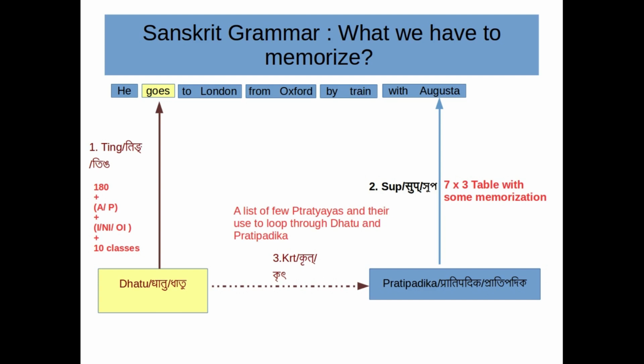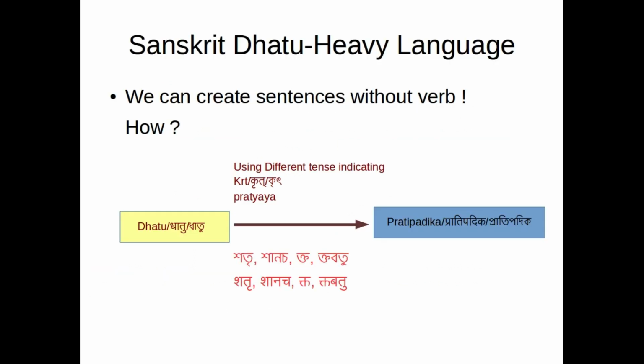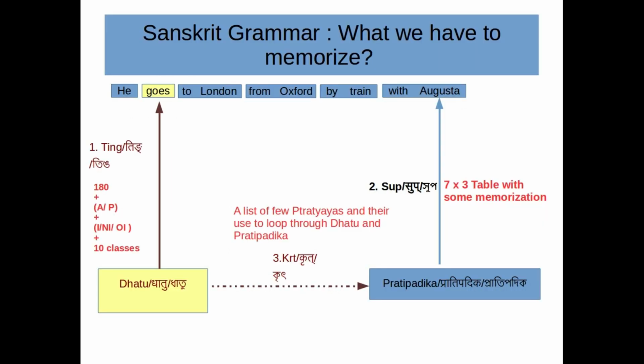Also, we have to memorize a list of few pratyayas and their use to loop through Dhatu and Pratipadika so that we can create new Dhatu from Dhatu, we can create new Pratipadika from Dhatu, or we can create new Dhatu from Pratipadika.